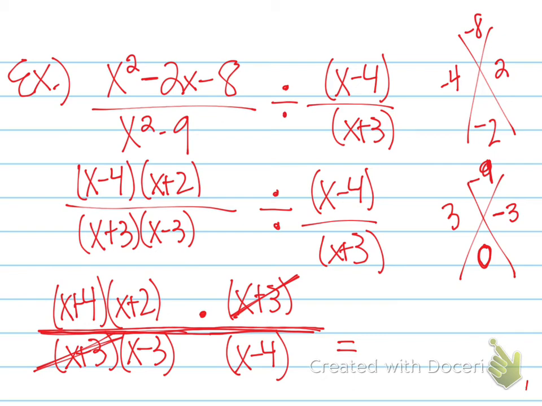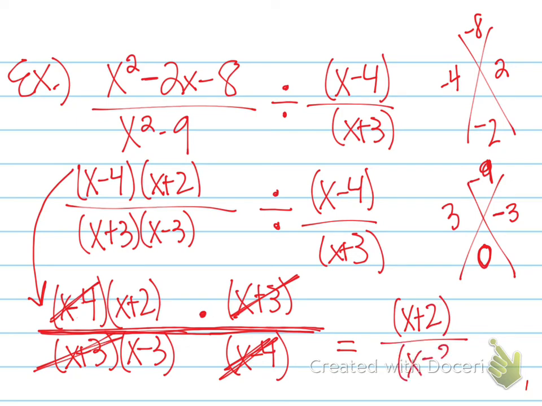I keep bringing stuff down wrong. That's supposed to be just bringing it down. X minus 4, x minus 4. Then I'm just left with x plus 2 over x minus 3.